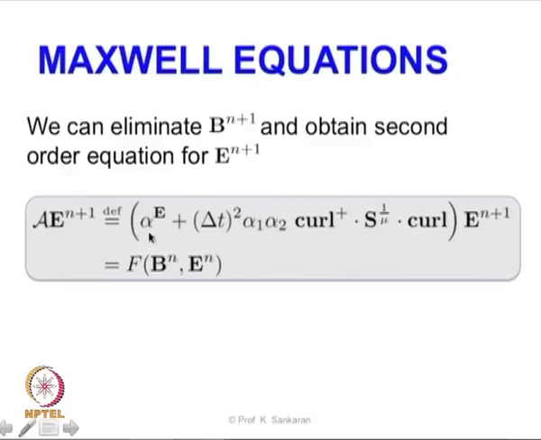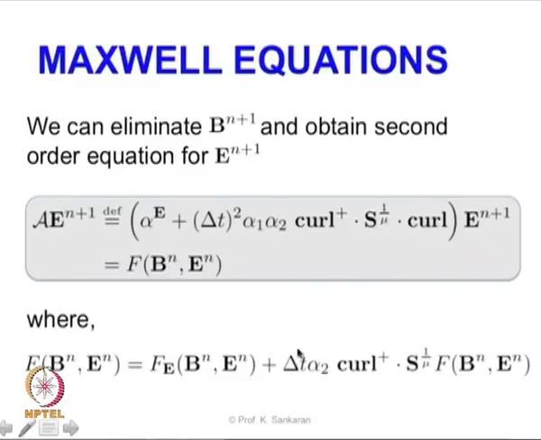The beauty of this expression is the left hand side has terms which are E^(n+1), and A is nothing but the complex operator given by this expression within brackets, and on the right hand side we have values which are purely dependent on the time step n. Here f(B^n, E^n) is given by this value.